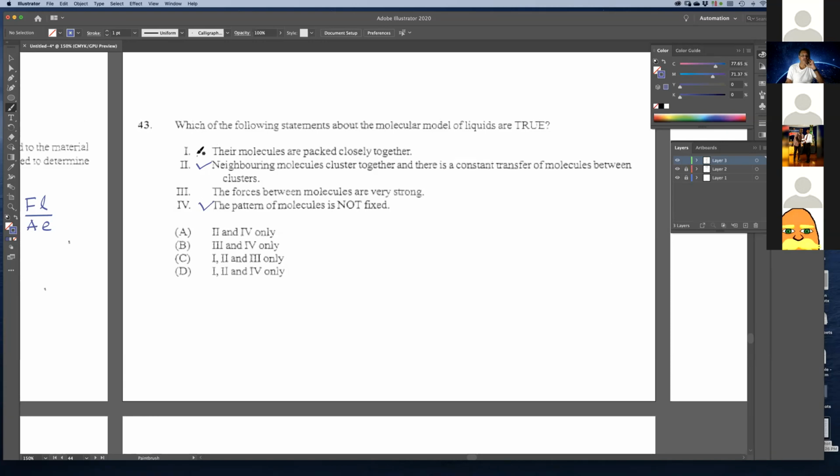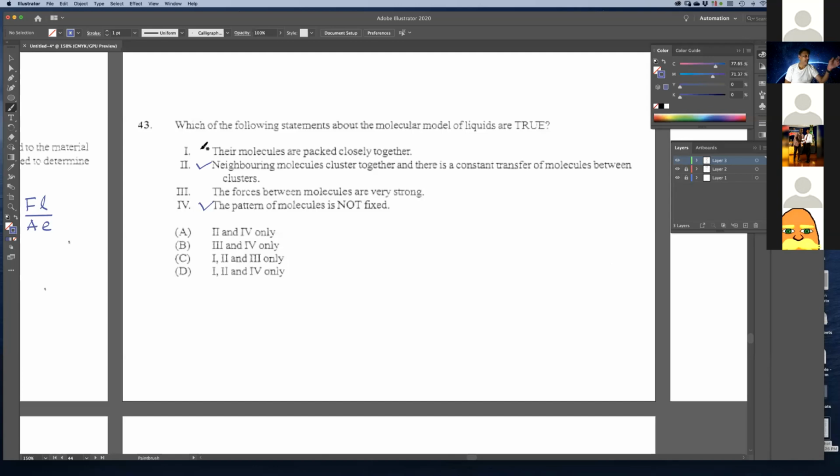The molecules, they're packed. If you look at the volume of a solid and liquid of any material, would you say that the volume is vastly different? A liquid and a gas, yes, for sure.